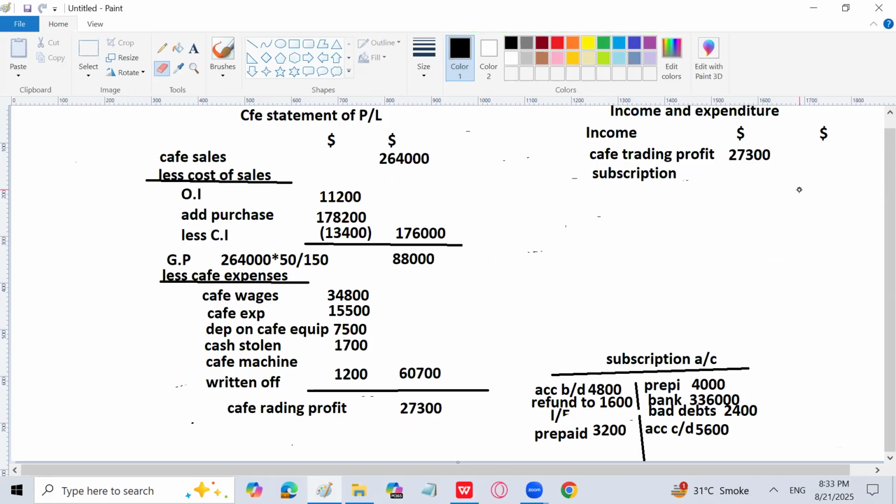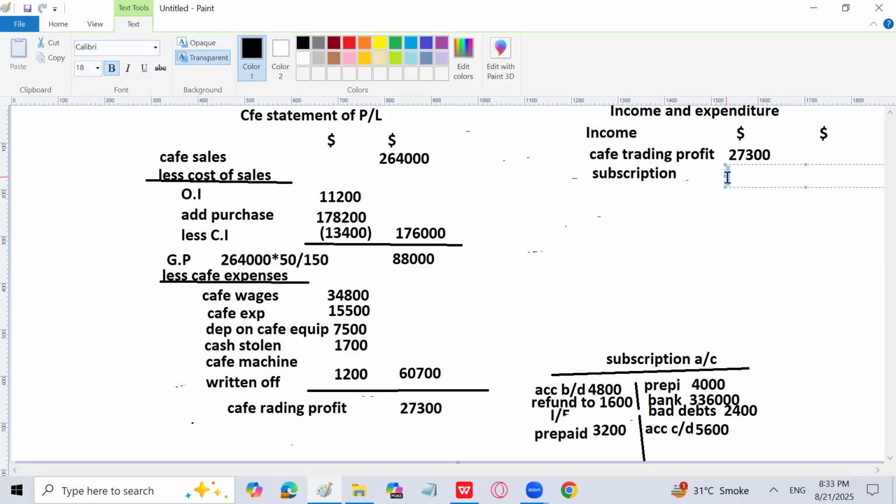Rather, I think it will be added, right? 3,36,000 plus 2,400, 338,400. So I will write here 338,400 and plus 27,300.